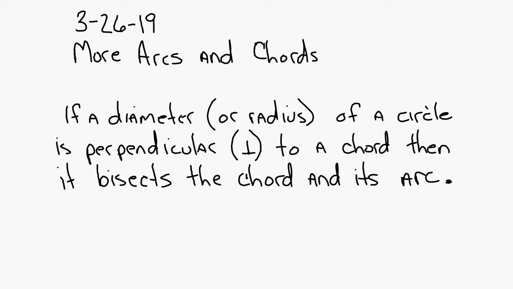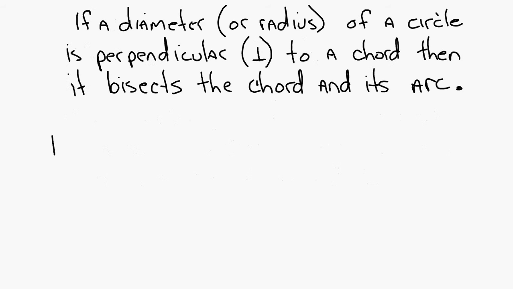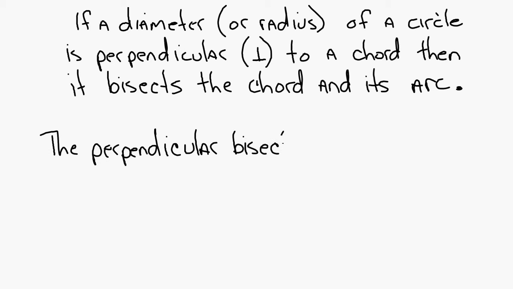And one other theorem to write down. Theorem 10.4. The perpendicular bisector of a chord is a diameter or radius of a circle.